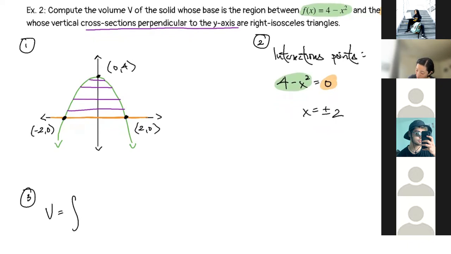Now these purple lines, before we set up our integral, where we know that volume is the integral of area, we need to make a few decisions. So this purple line, any of the purple lines, what does that represent? What are our guesses?